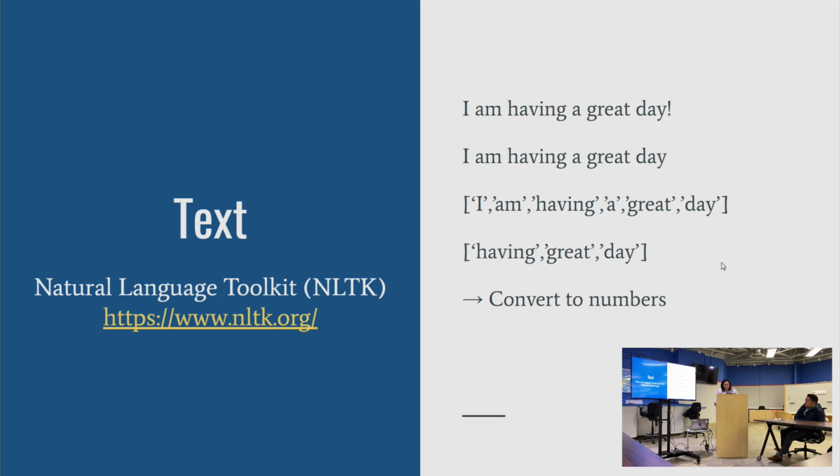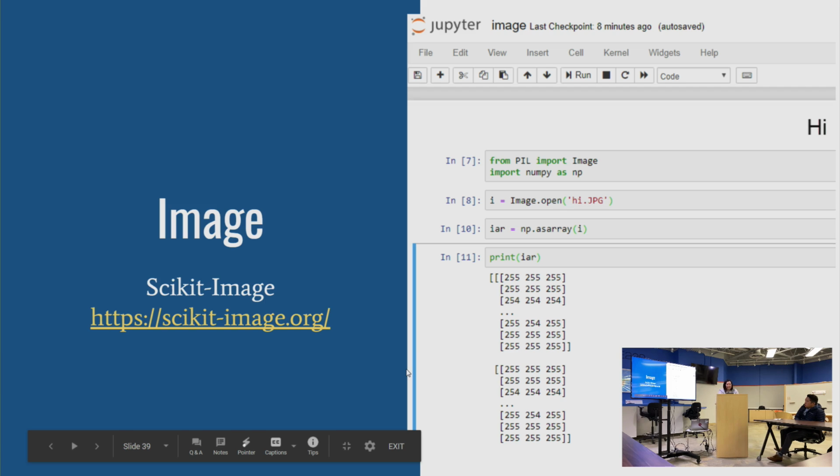Then you convert that to numbers, and again, you apply a machine learning algorithm to that. Another example is images. Again, you have an image, and you convert it into numbers. Once you have it as numbers, then you can use the machine learning algorithms.